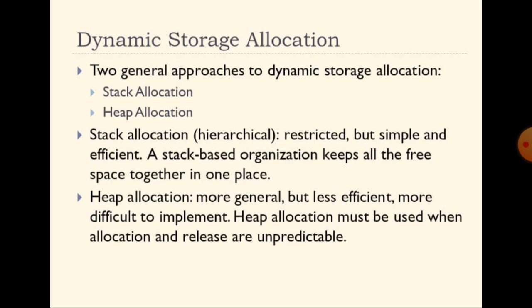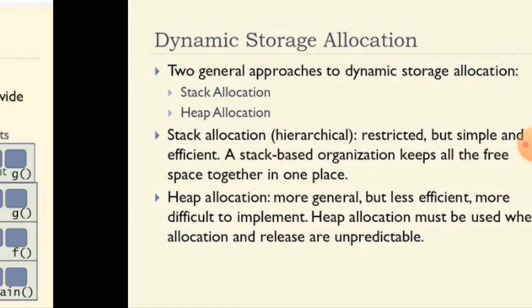Stack allocations are restricted but simple and efficient. A stack-based organization keeps all the free space together in one place. And heap allocation is more general but less efficient and more difficult to implement. Heap allocation must be used when the allocation and releases are unpredictable.